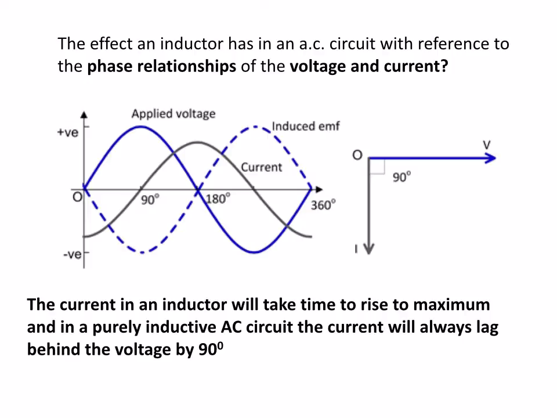So in a purely inductive circuit, the current lags the voltage by 90 degrees. You can see that with the sine waves. You see the blue applied voltage, and then 90 degrees later you see the grey of the current. So the peak of the current is 90 degrees behind the peak of the applied voltage.